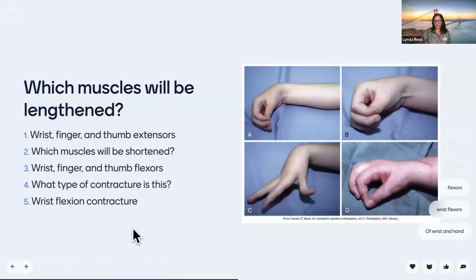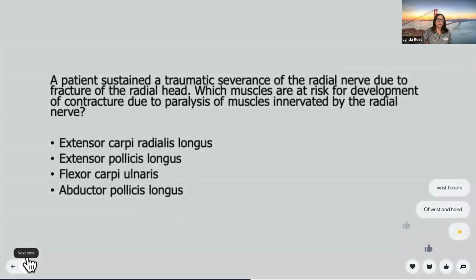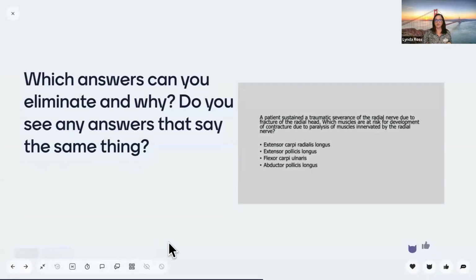All right, thumbs up, everybody. How about a thumbs up? Understand? All right, great. So now here are the answers. We have all of that in our head. That's our thought process before we even look at the answers. So let's go to the next slide. Just looking at those answers, what can you eliminate? Why can you eliminate them?